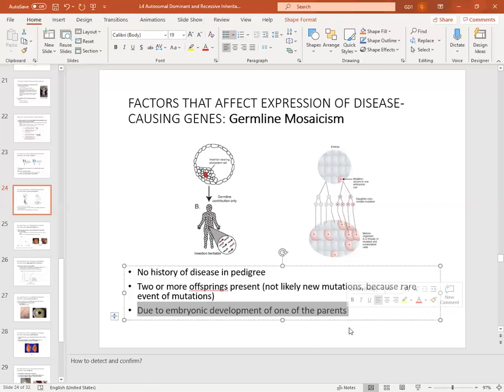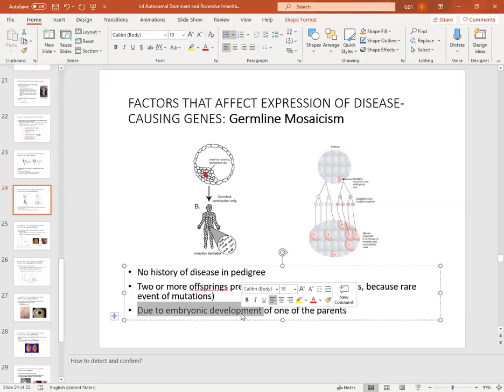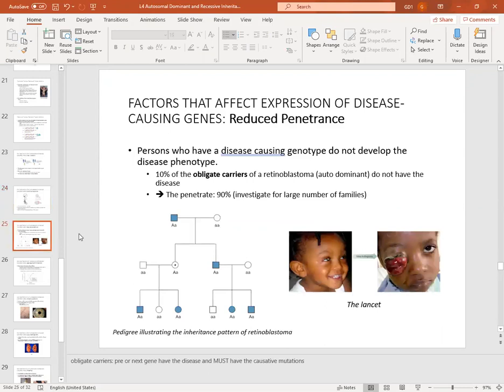The father is totally normal, but some mutation happens in some sperm of his germ cells. In germline mosaicism, his sperm cells, his germline stem cells, had a problem from when he was an embryo already. And this also has no history of disease in the pedigree, so his father also doesn't have it.